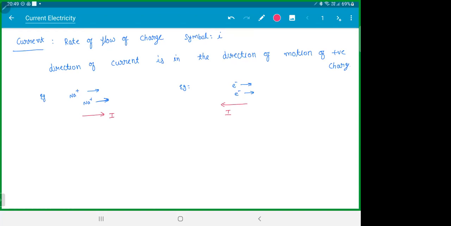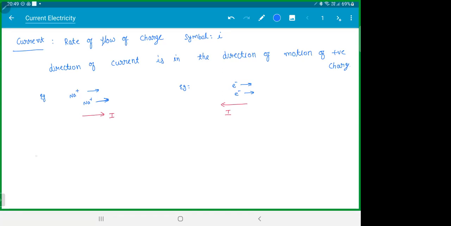If the negative charge is flowing, then opposite to the negative charge is taken as the current. The problem here is, in reality, the current flows because of the flow of electrons, and sadly, we define the electron as a negative charge. You get the point? Actually, we should have defined electron as a positive charge and proton as a negative charge. Convention would have been easy, but for some reason, it is already defined. We can't do anything about it. Changing all the books and reprinting them again will cost a lot.